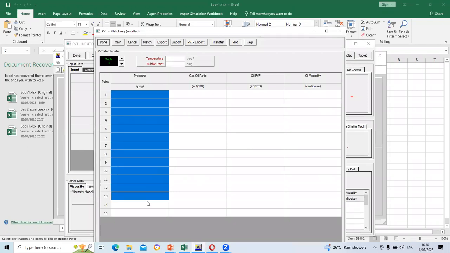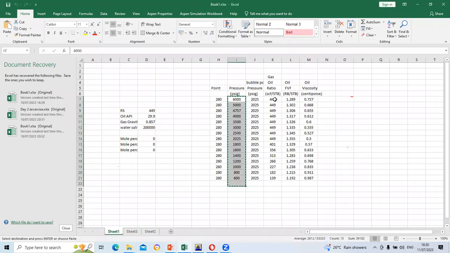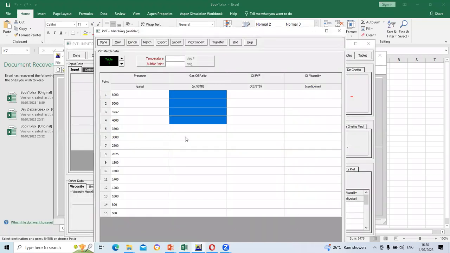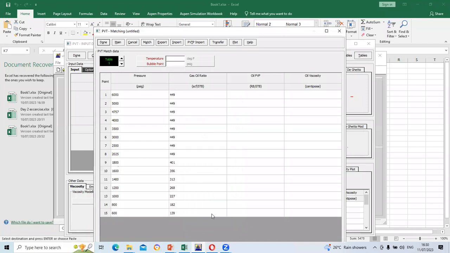I'll go to the software. I'll highlight this and I'll paste it there. That's our pressure. The next is the gas oil ratio. Copy. Gas oil ratio there. I paste.